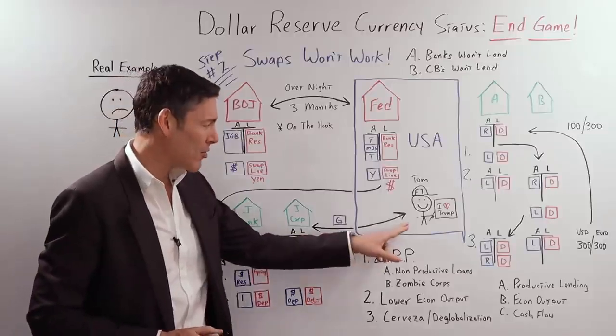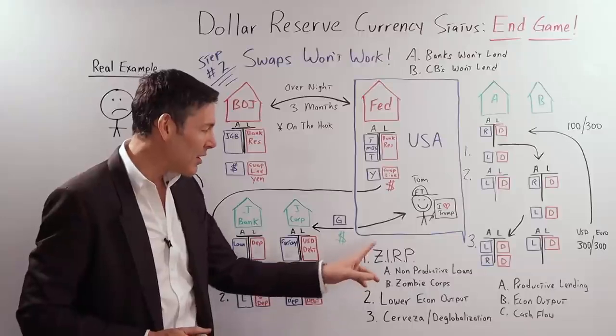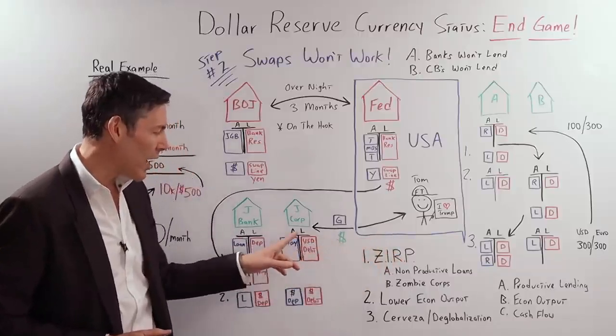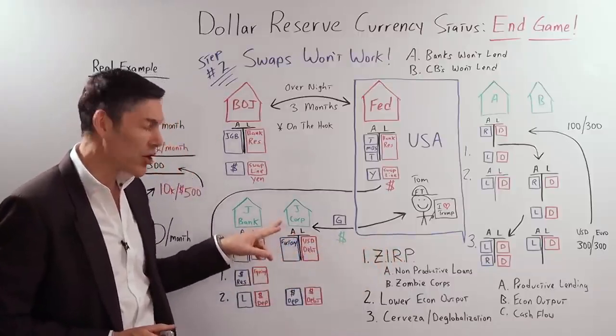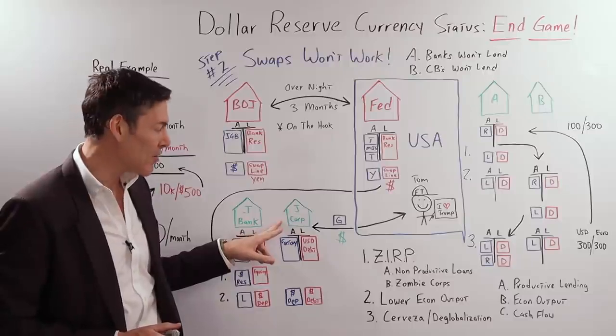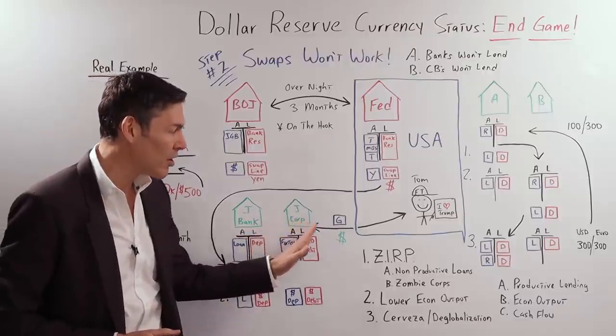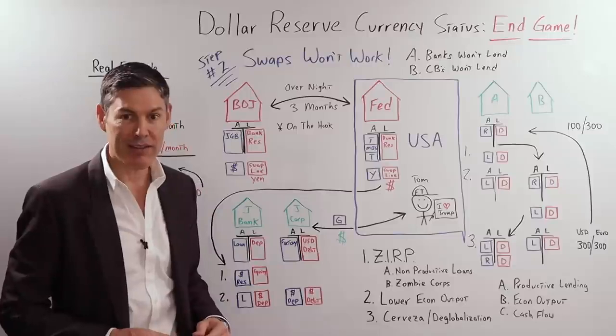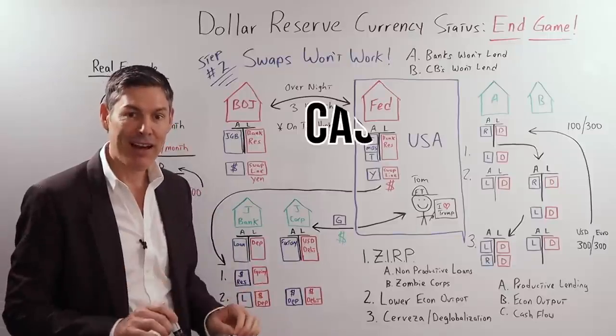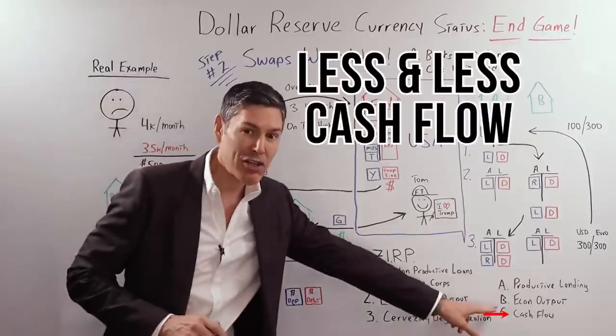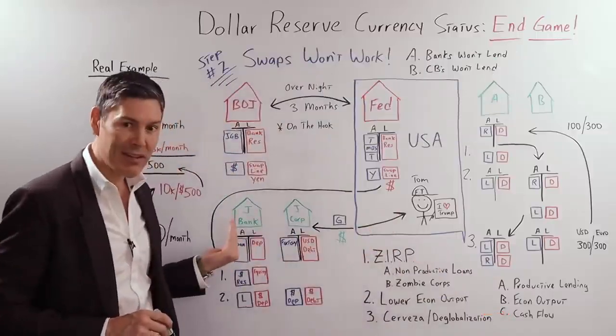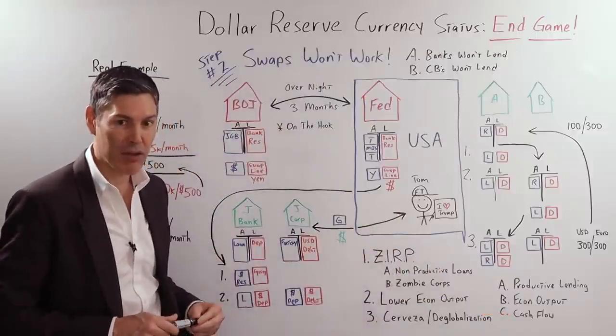That may be great for Tom, but what happens is fewer dollars are going out of the system for Japanese Corp because they're selling fewer goods to the United States. That means less and less cash flow coming into the entities outside of the United States.